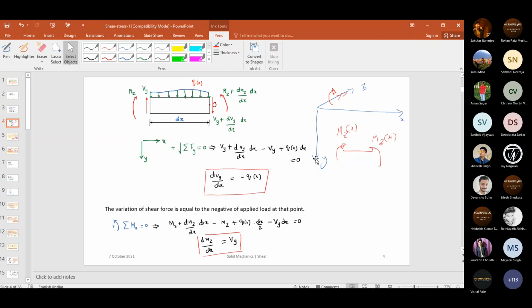Now, you know the positive direction of shear forces. I think we are all following one sign convention.